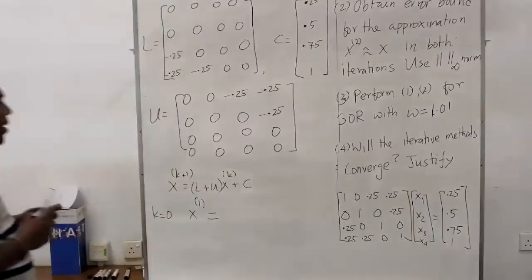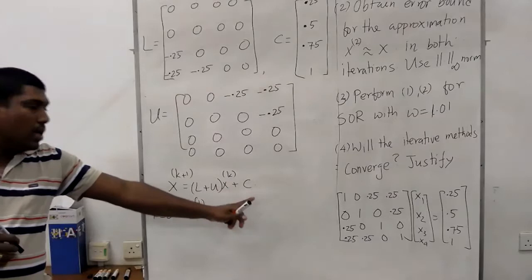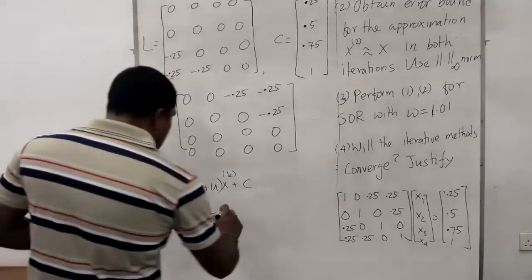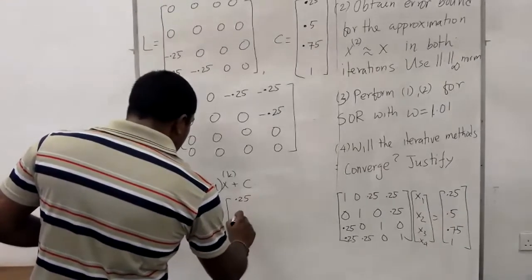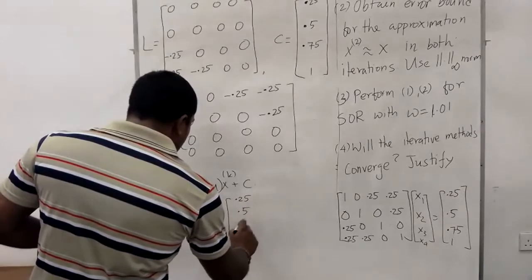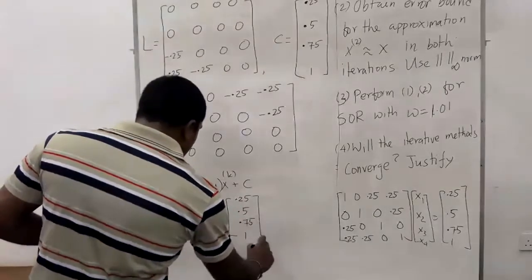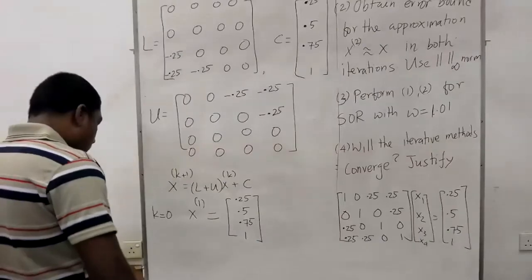Here, because x naught is all 0, eventually x1 is C. So x1 is C, that is clear, because you can just do the computation and get this x1. So this is your Jacobi iteration.